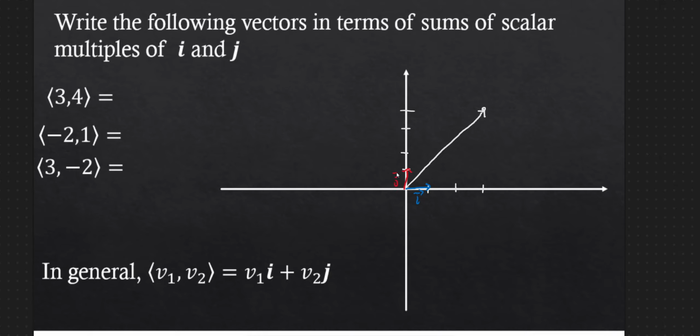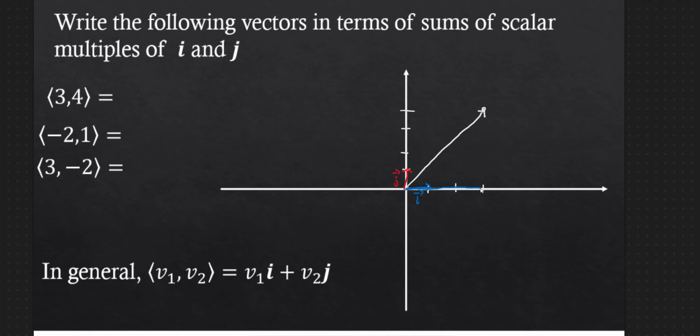And here is the vector j. Those are my two special vectors I defined on the last one. And remember back to that example we did a few videos ago, I can write this vector (3, 4) as a combination of i and j. Vector (3, 4) goes over 3, i, and up 4, j.